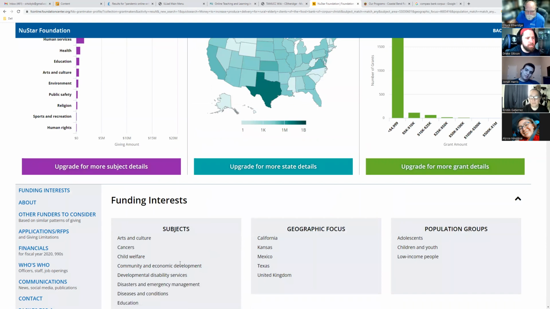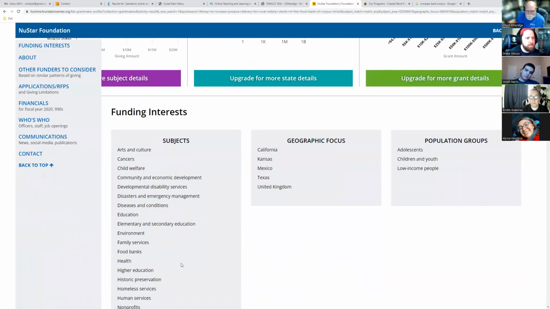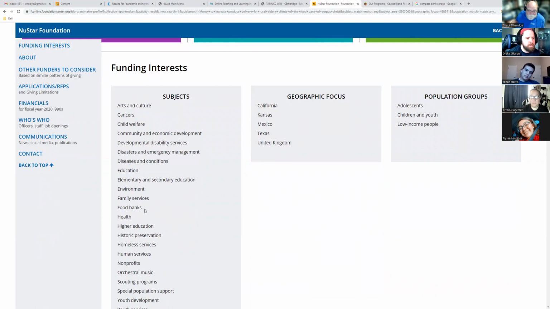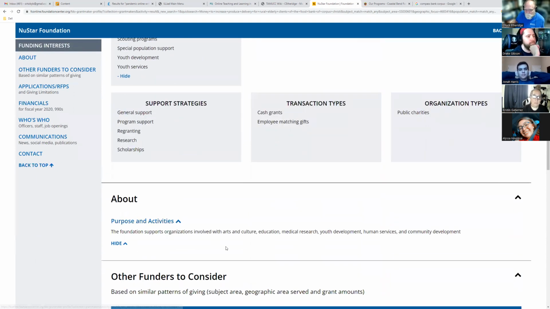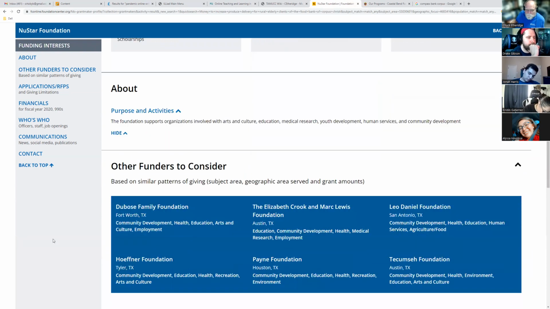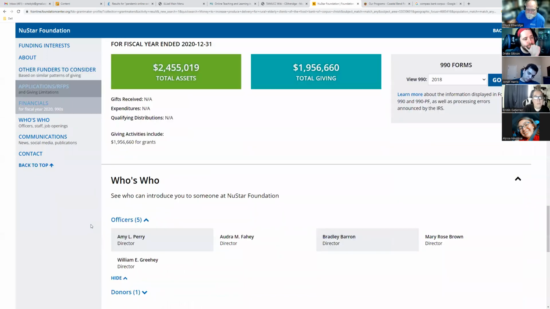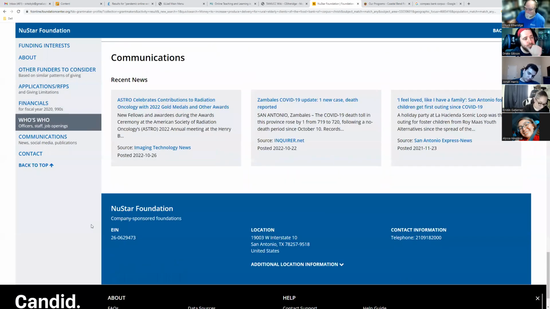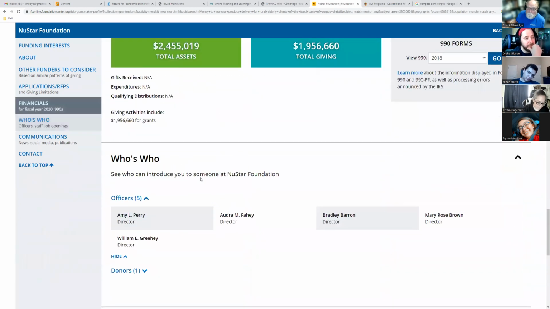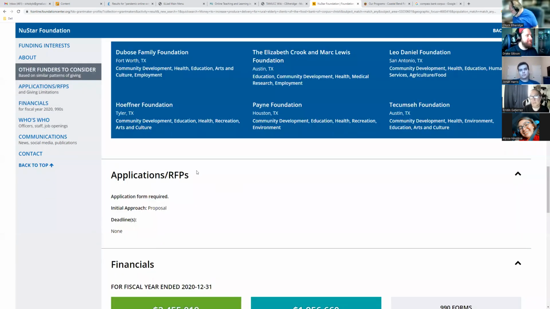Arts and culture, cancer, human services, food banks. Texas, low income people. Supports organizations of arts and culture, education, youth, human services, human development. Is an application form required? So you basically send them a proposal and they say yes or no. That sounds good to me. Sounds reasonable, actually. New Star.